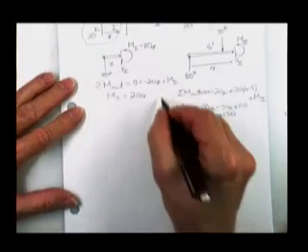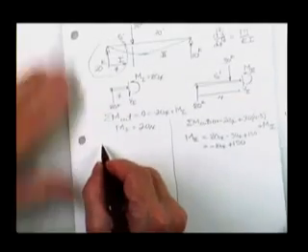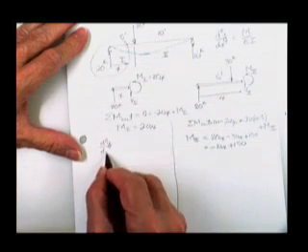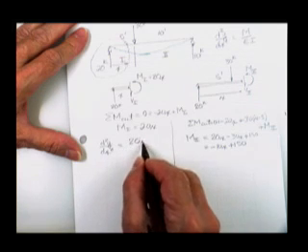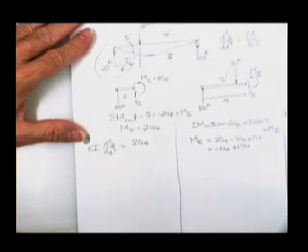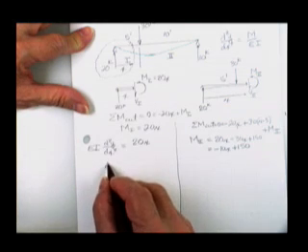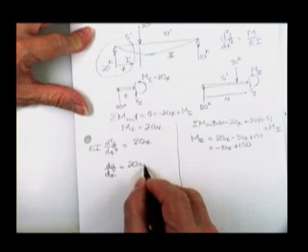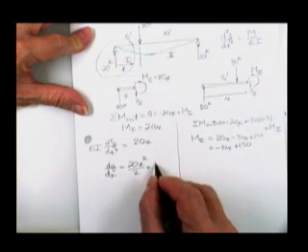Now let's keep these guys separate so they don't fight. This guy here thinks that EI d squared y dx squared is equal to the bending moment, 20x. Then he thinks that dy dx is equal to 20x squared over 2 plus C1.